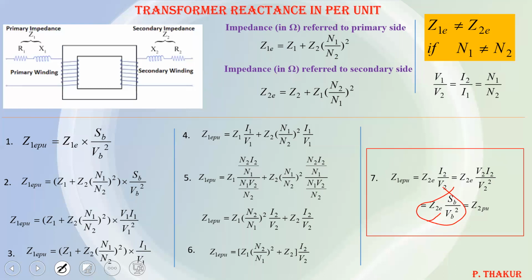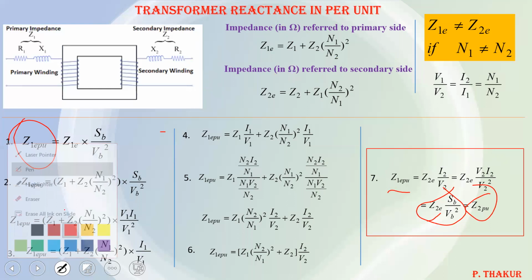So in this way, you can see Z1E. I have started calculation from here and now I am getting this. So you can see Z1E per unit will be equal to Z2 per unit.